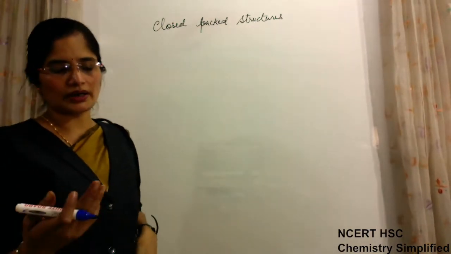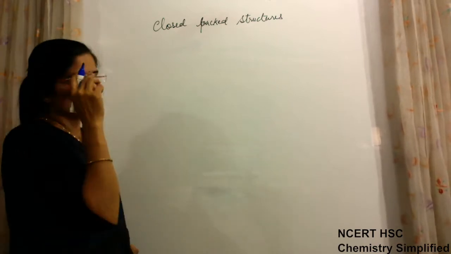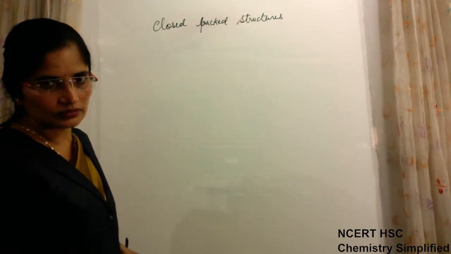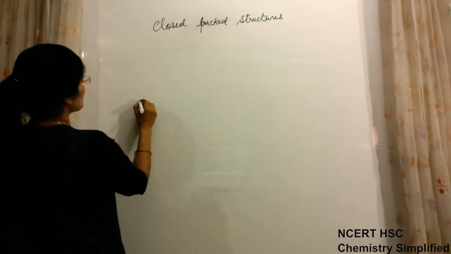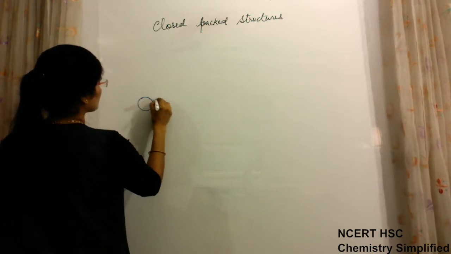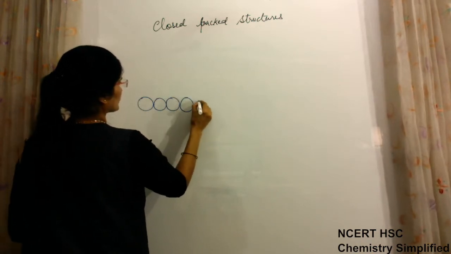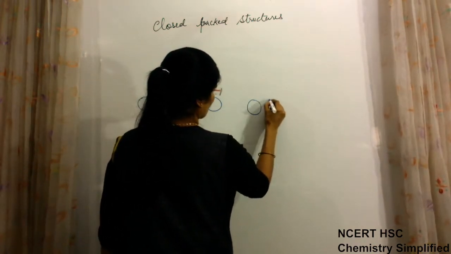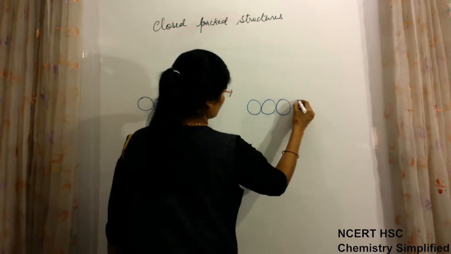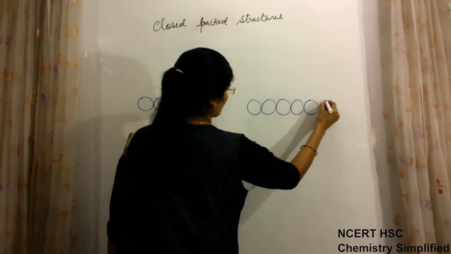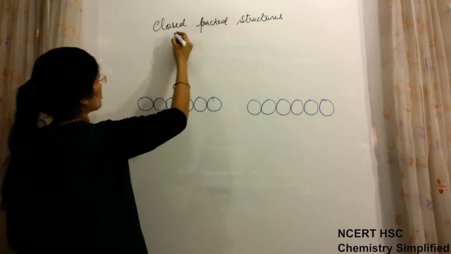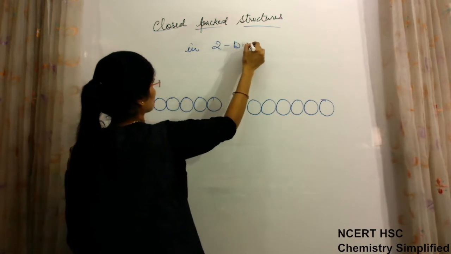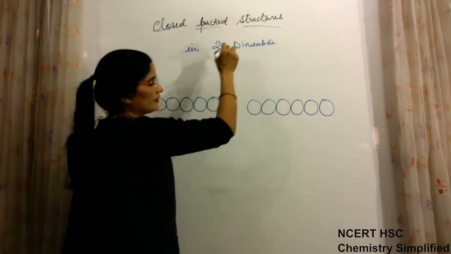Now if we arrange the particles in two dimensions, then we have two types of possibilities to arrange them. What are those possibilities? Let us see. We are talking about close packed structure now in two dimensions.